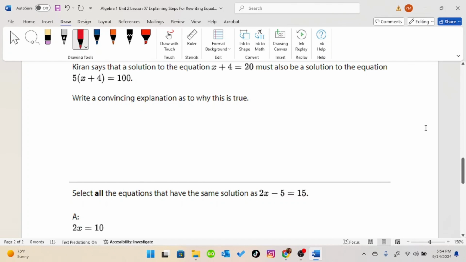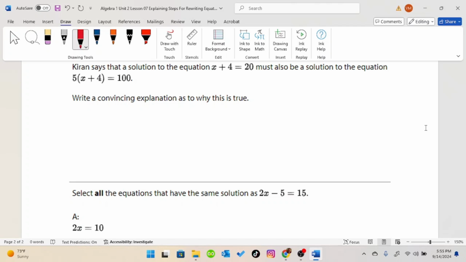Our next practice problem: Kieran says that a solution to the equation x plus 4 equals 20 must also be a solution to the equation 5 times x plus 4 equals 100. Write a convincing explanation as to why this is true.